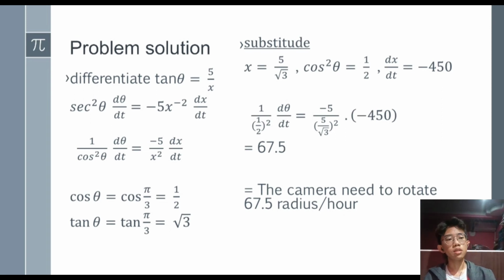So the answer is 67.5. That means the camera needs to rotate at 67.5 radians per hour. So that is the answer.